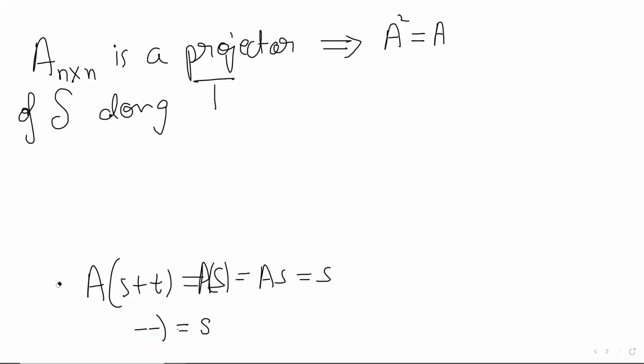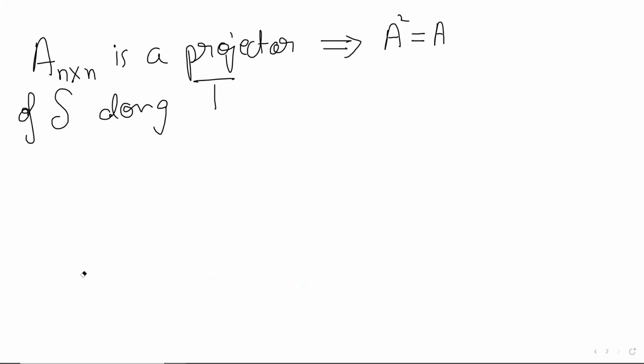So AX belongs to S. Let's do it like that. AX belongs to S. So A into AX should be equal to AX. That's what is given in the book, but I don't know why.